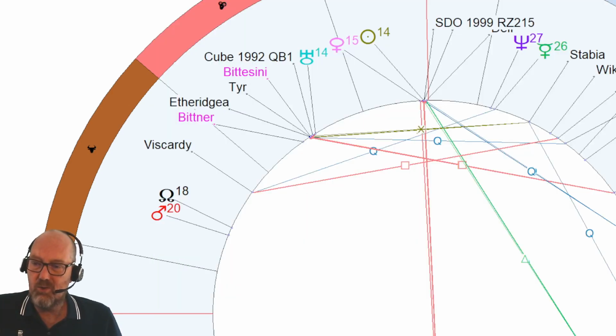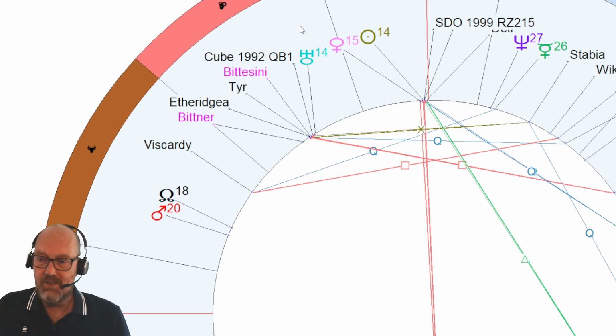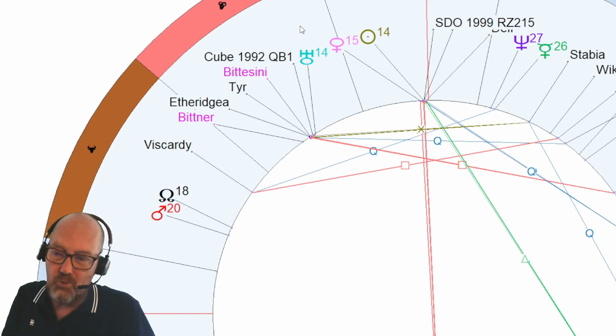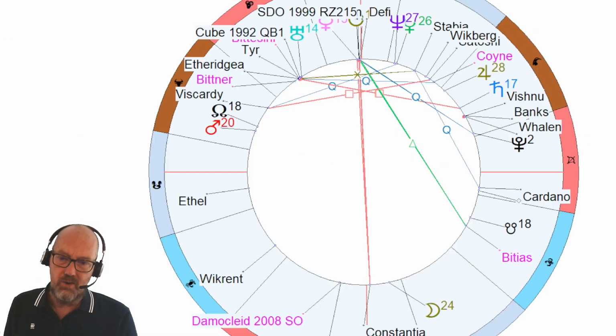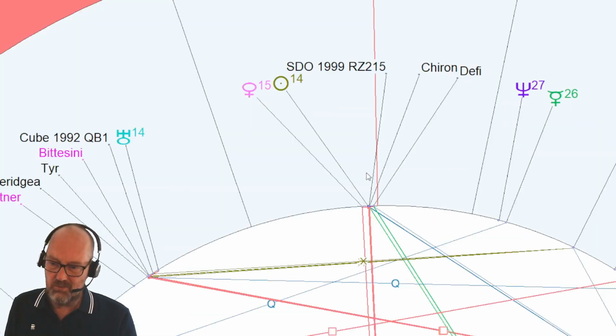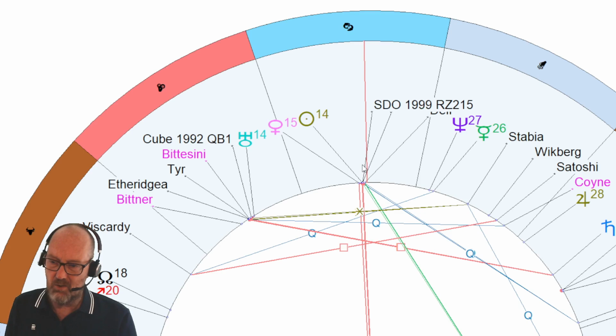That's a lot of crypto lingo, but what it basically says is that Visa, which is old money, old banking, was using blockchain technology, and in that sense, it was a breakthrough. Now, you can look at Bittesini. It's not doing a lot. Bitcoin is not doing a lot. Bitias is in fact trining the sun, and also Chiron, but also the sun, because here, look, they are close.